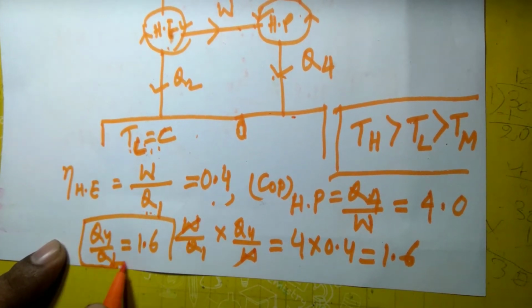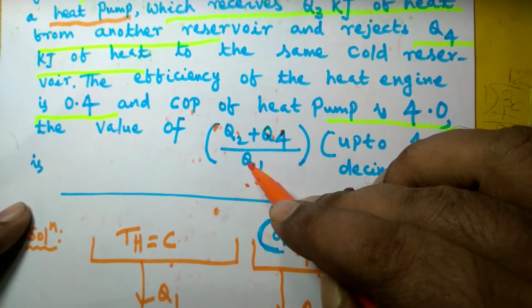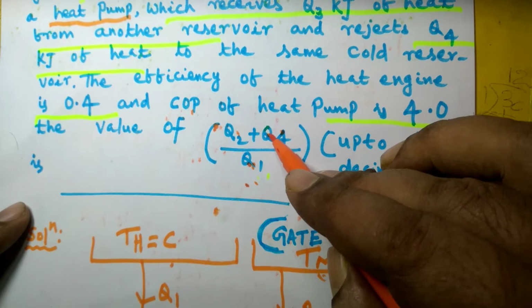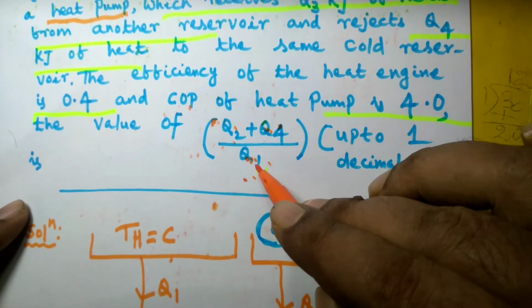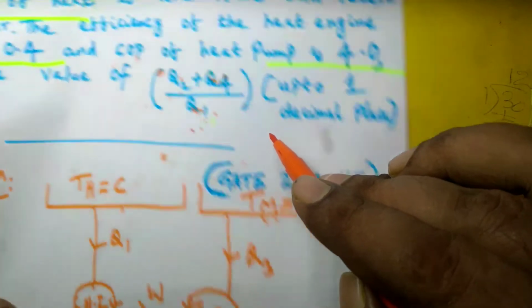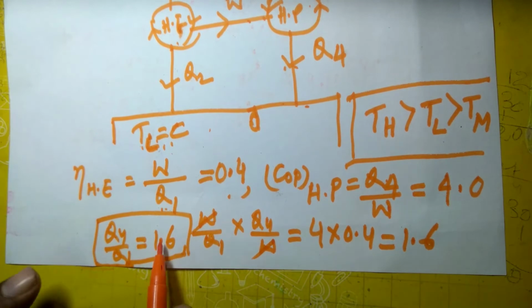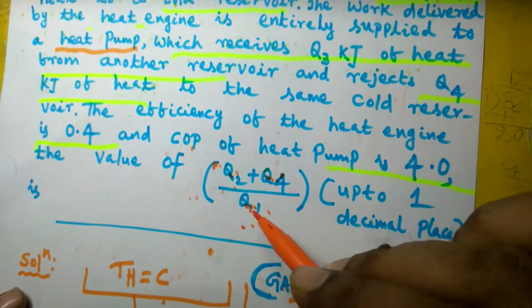If we are able to find Q2 by Q1, then we will add it to Q4 by Q1 to find this term. (Q2 plus Q4) divided by Q1 is Q2 by Q1 plus Q4 by Q1. Q4 by Q1 we have already calculated and it is 1.6. So we have to calculate Q2 by Q1.